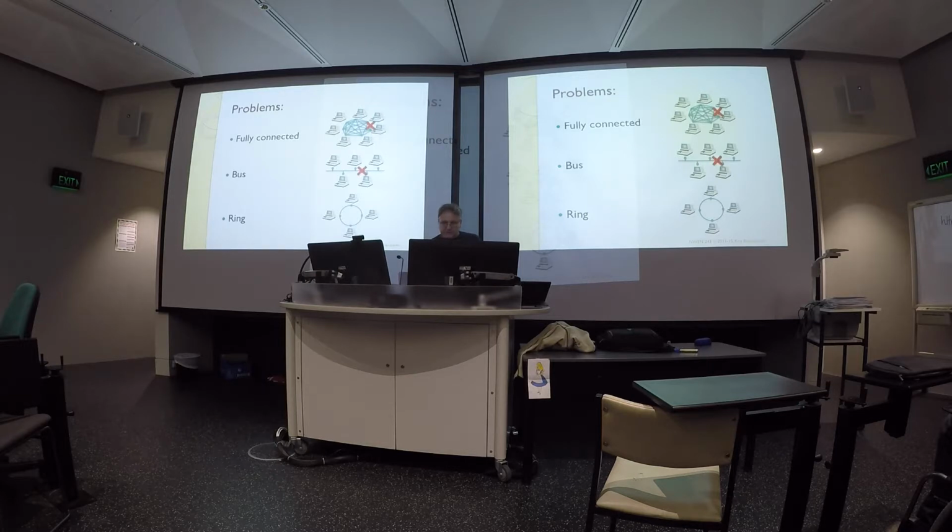Then we've got buses. Bus is nice in that if it's a physical wire, you've only got one wire to worry about, routing through the building or whatever. There are issues though if you have a network break here, you now have it partitioned into 2 networks, these 2 guys here, and these 3 guys here.